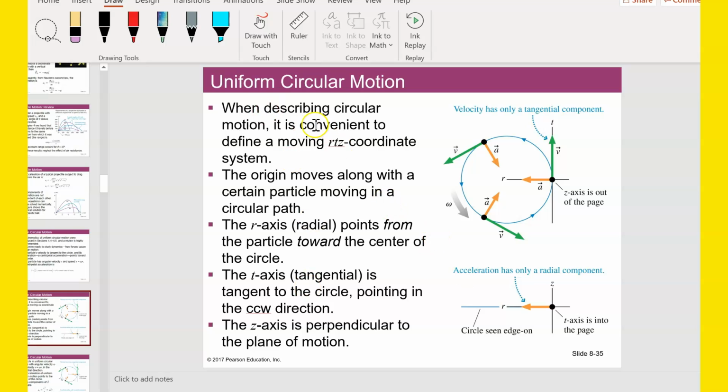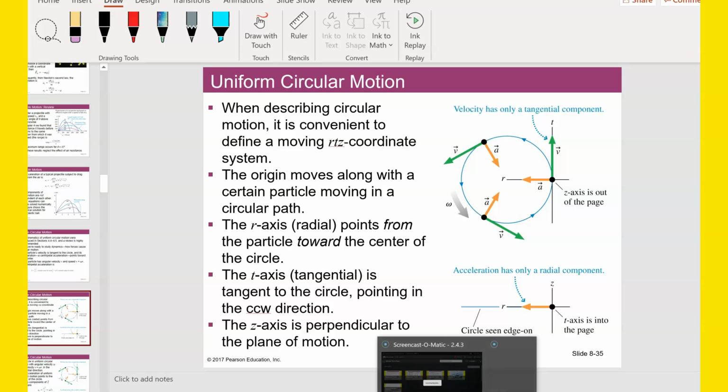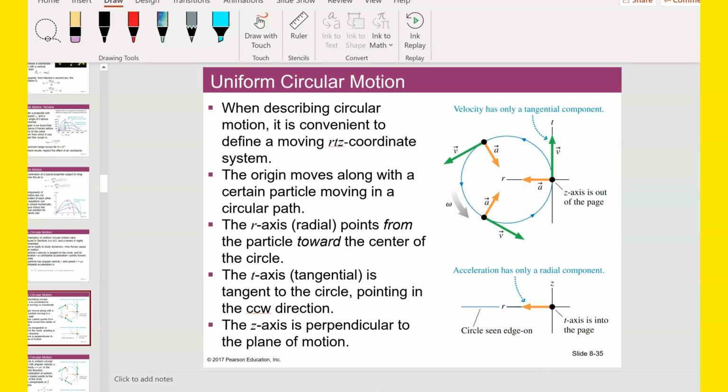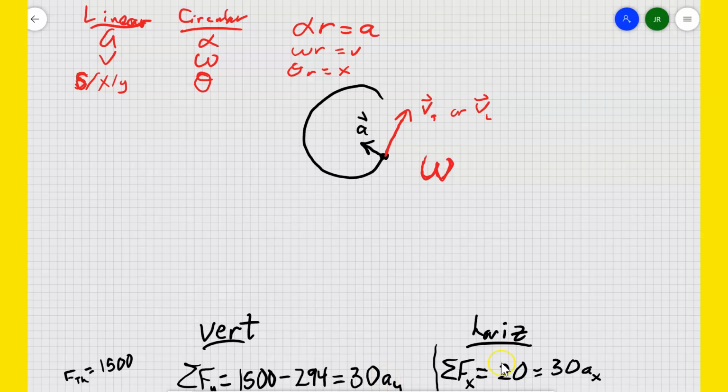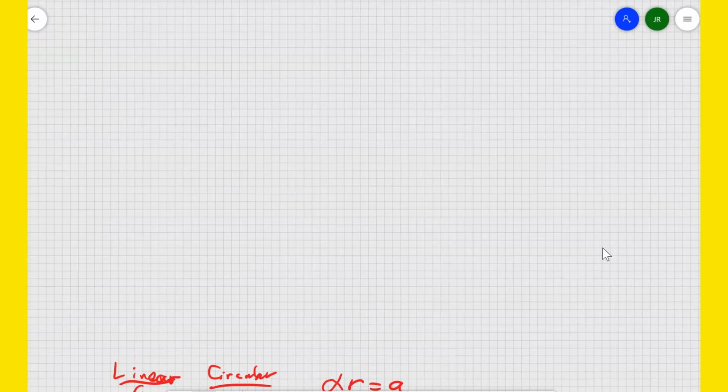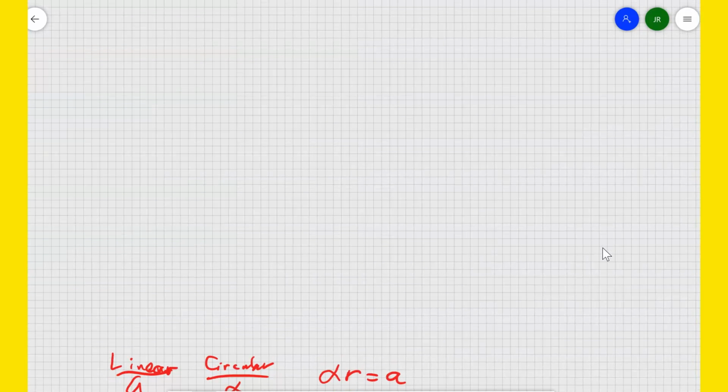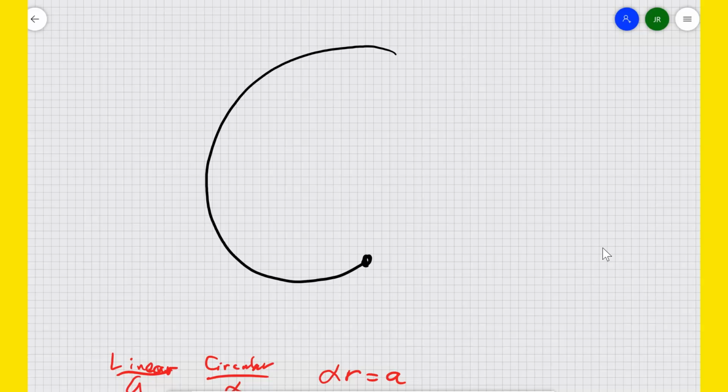Now, here's something new for us. It's probably going to feel a little weird to you at first. When we're dealing with circular motion, when an object is going around the circle, normally we deal with x and y coordinates, or maybe even x, y, and z coordinates.